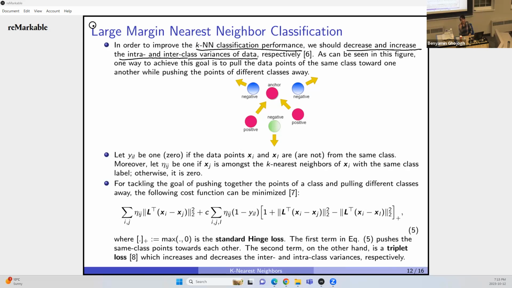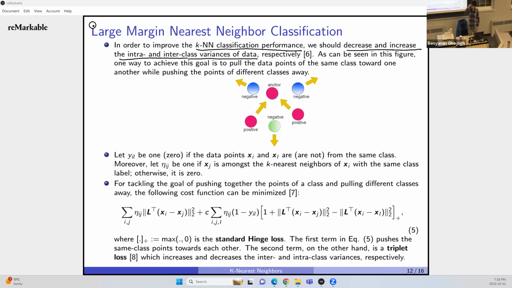Contrastive loss was proposed by Facebook, I believe, and triplet loss was proposed by Google. So the idea is that they have some loss function in a deep neural network that does exactly what I told you. It pushes the positives toward the anchor and pushes the negatives away from the anchor. And how do they do that? Using backpropagation. So we have a loss and we minimize this loss for that.